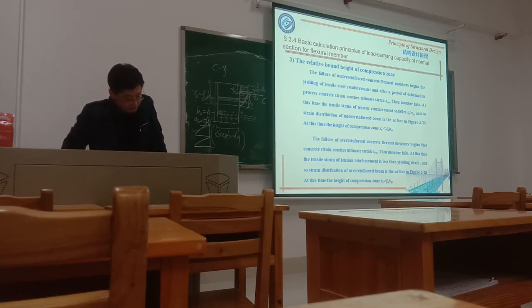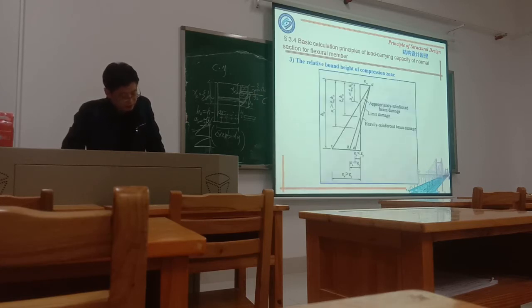At this time, the tensile strain of the reinforcement is less than the yield strain, so the strain distribution of the over-reinforced beam is the AD line. The strain of the steel is smaller than epsilon y, because there is too much steel inside, and it never reaches the yield strength.